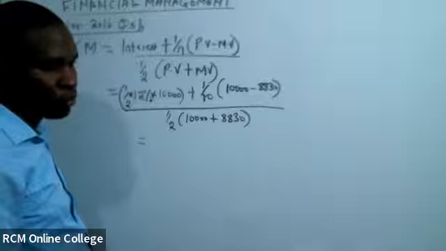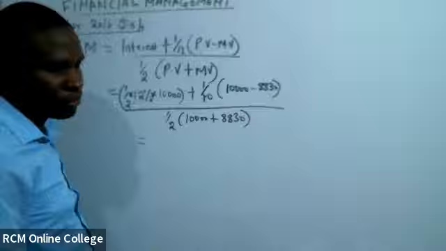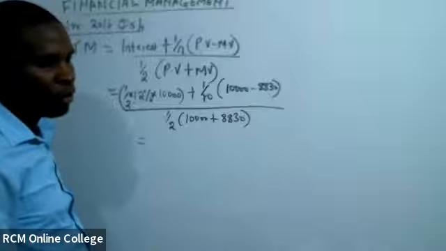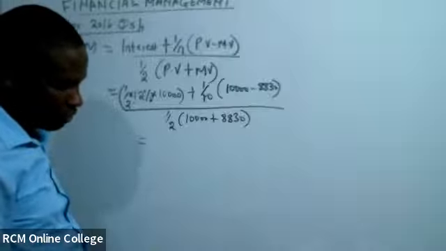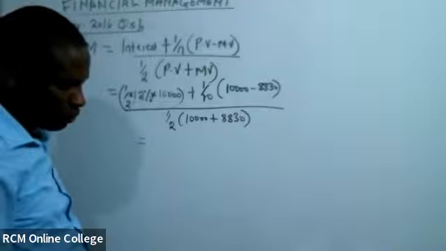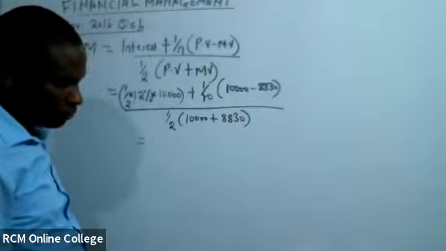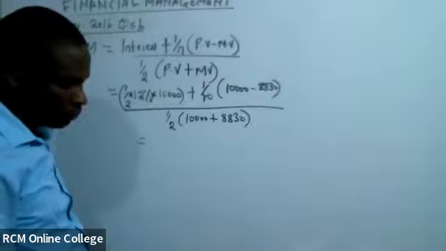Now, when we go to the callable period, we have 5 years.